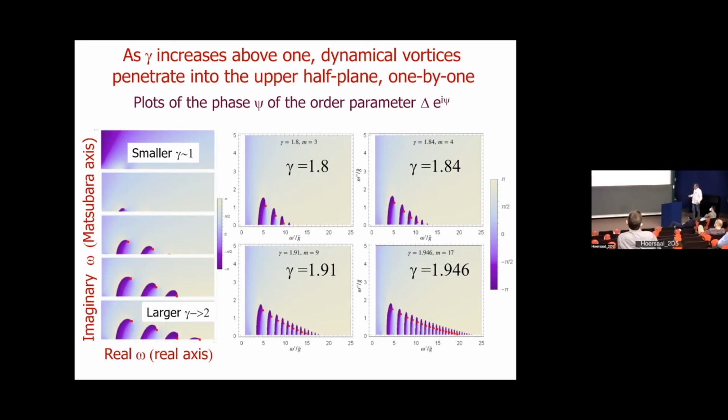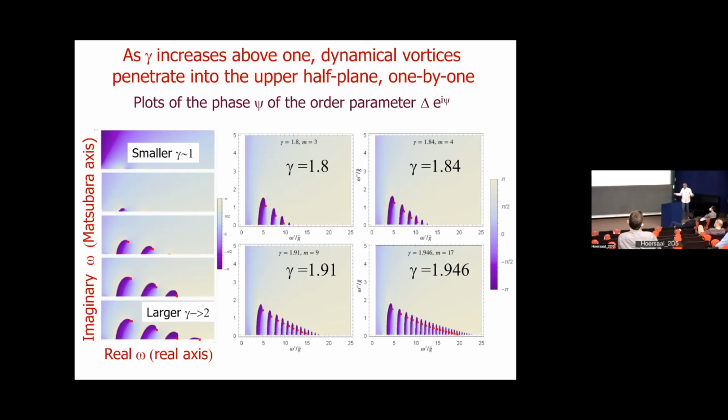You do a counterclockwise circle around the point. And you see that as gamma goes up, the first vortex appears, 2 vortices, 3 vortices, 4 vortices, etc. This is what I showed before as this number of phase slips going up.